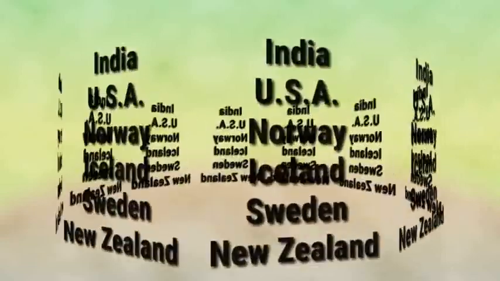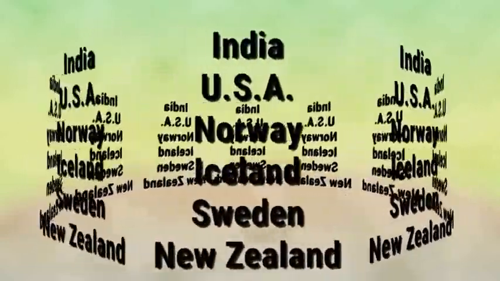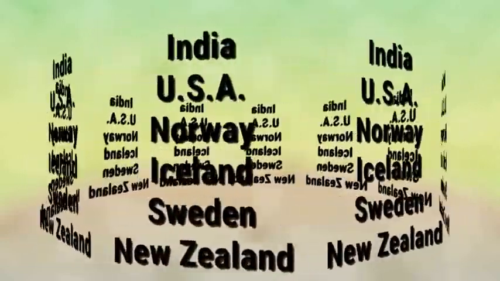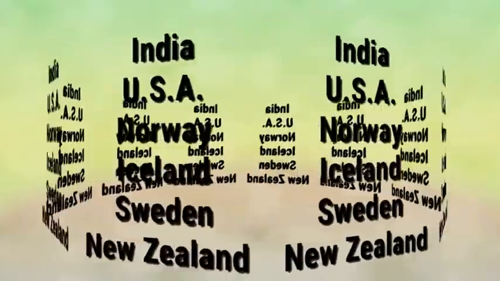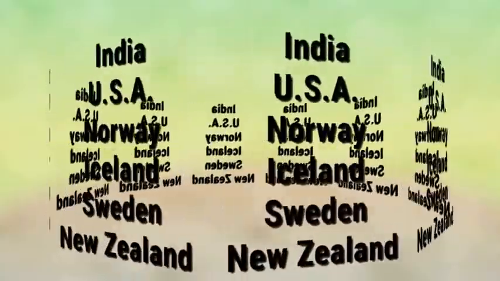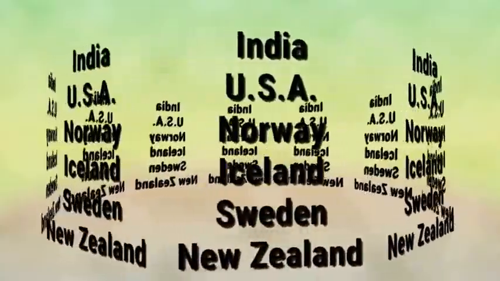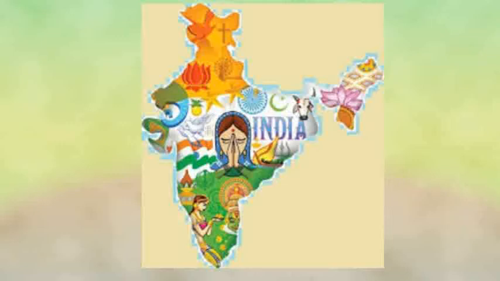Most countries in the world today have a democratic form of government. For example, India, USA, Norway, Iceland, Sweden, New Zealand and many more countries. India is the largest democratic country in the world. That we should always remember.